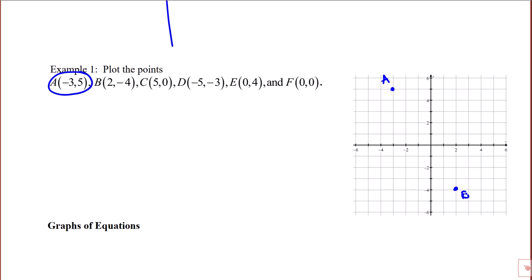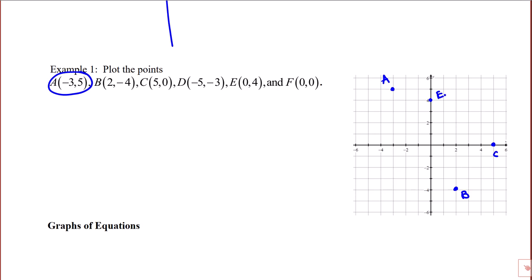It tells you which way to go for each number, right? So for C, I go 5 to the right first, and then nowhere up and down. Let me jump to E. I don't go left or right, but I go up 4. Right? So the location of the 0 is important.